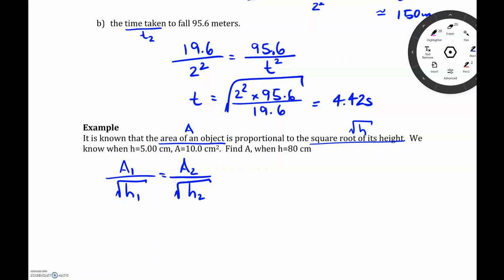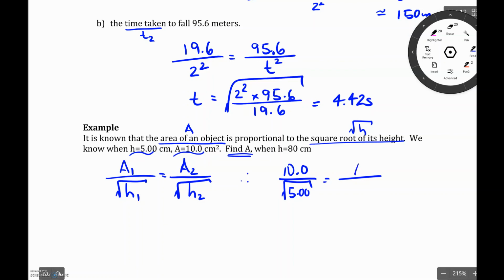Good. So what do we know now? Same thing again. We know that H is 15 when A is 10. So when A is 10.0, we need to have the square root of H, which is 5.00. And it says find A, which is at the top, when H is equal to 80. So we need to find the root of 80 centimeters.